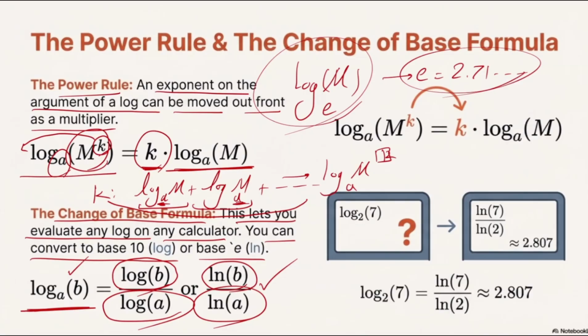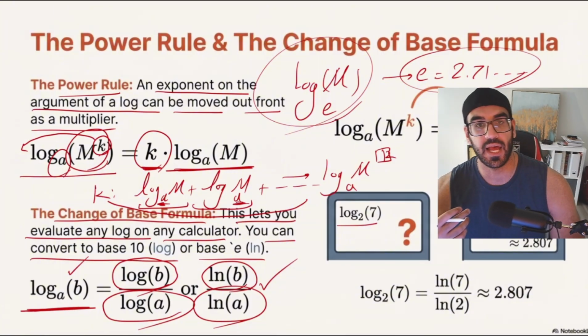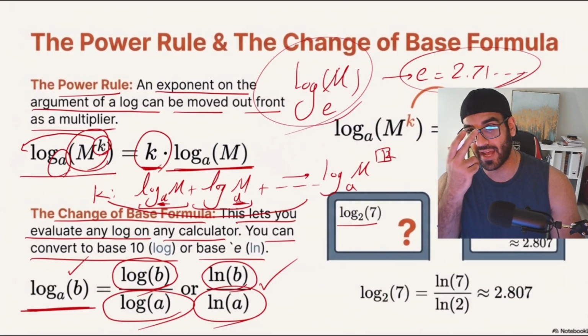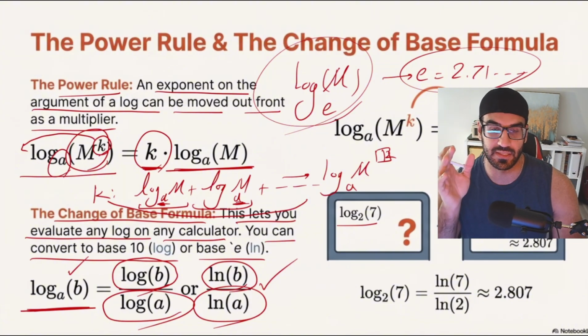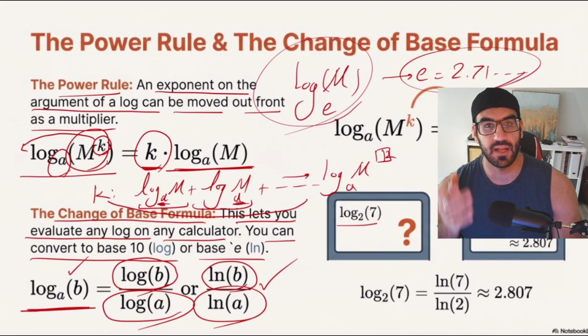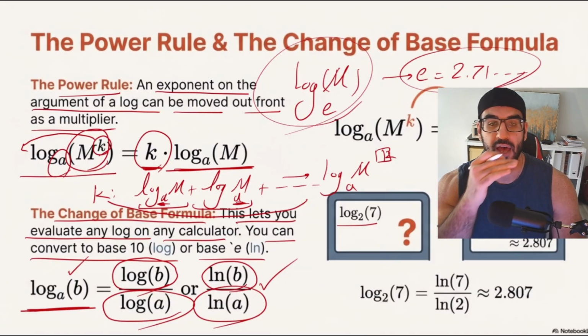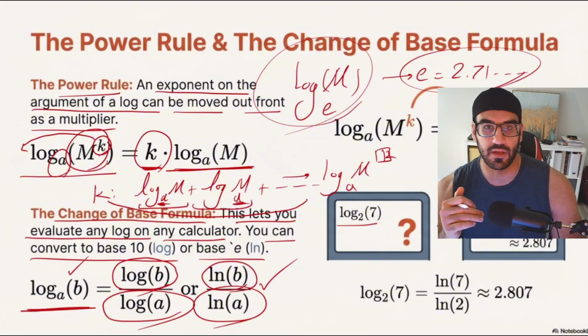For instance, if I would like to find the log of 7 with the base of 2 on a calculator, it would be a little bit challenging, because most basic calculators only have log and ln. For advanced calculators, we do have log with a base that we can choose. So what we can do is divide it based on this rule: write it as one log or one ln on the top and another on the bottom, with the same base on both, where the top number is the number inside the log and the bottom is the base of the first log.